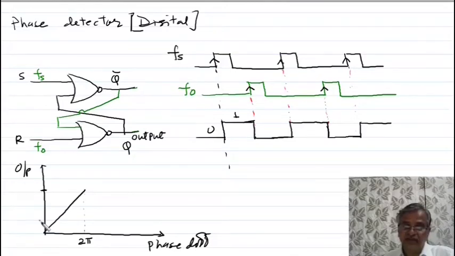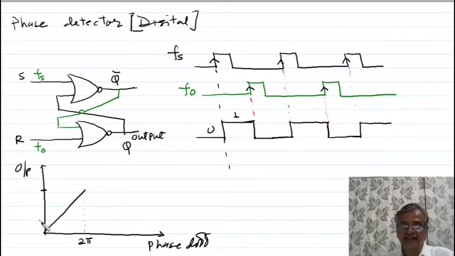The edge-triggered RS flip-flop phase detector has better capture, tracking and locking characteristics compared to the digital phase detector using exclusive OR gate.